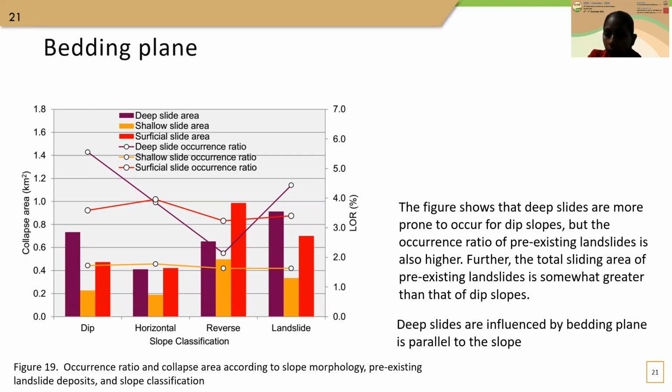So that's why I have considered pre-existing landslides in addition to the bedding plane. This figure shows the deep slides are more prone to occur on dip slopes, which you can see in the purple line, but the occurrence ratio for pre-existing landslides is also higher.